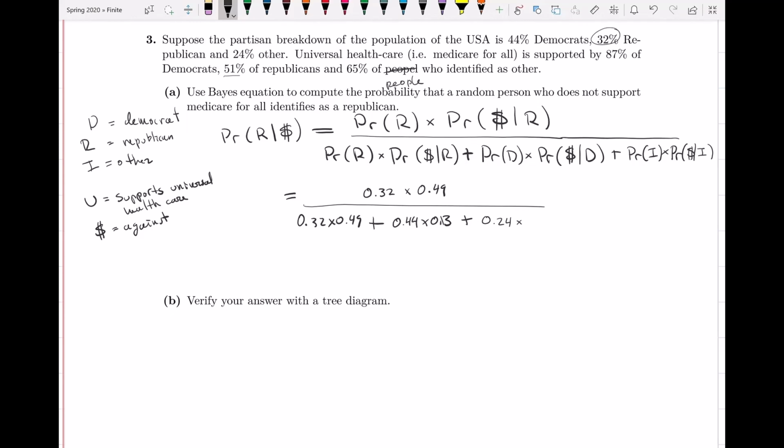So if 65% do, then 35% don't. Yes, 0.35.